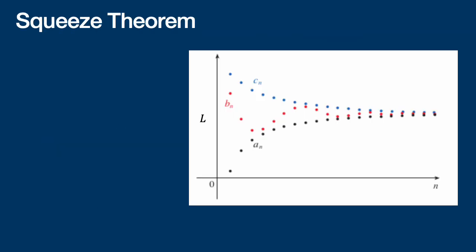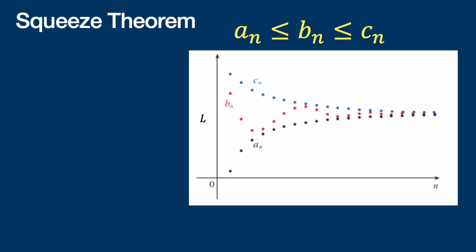The squeeze theorem is another tool we can use to find the limit of a sequence. Look at this sketch of the sequences. You have three sequences, An, Bn, Cn. All the terms of Bn are between An and Cn.